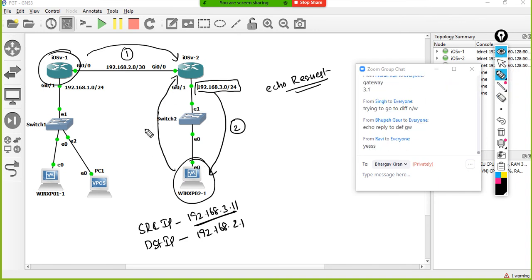So this is the first step. Next, router 2 receives it. Then what will router 2 do? You are looking for which network? 192.168.2 is directly connected. Right? Directly connected or not?